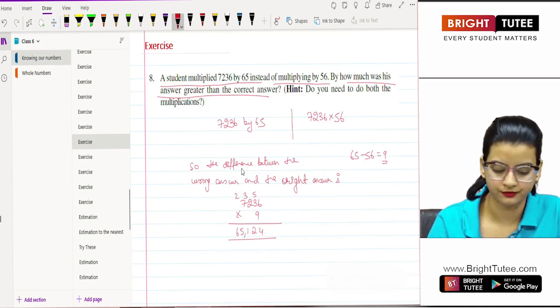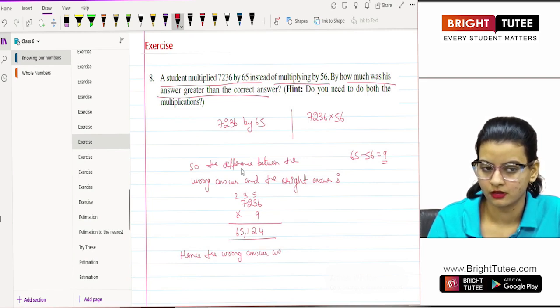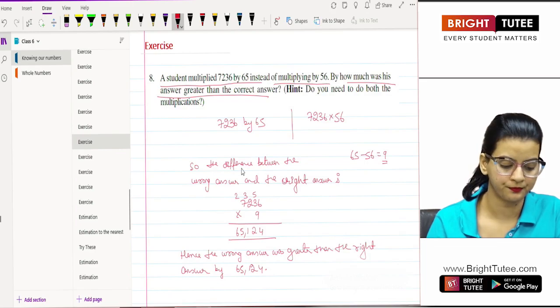Hence, the wrong answer was greater than the right answer by 65,124.